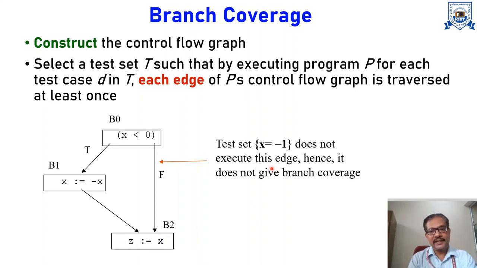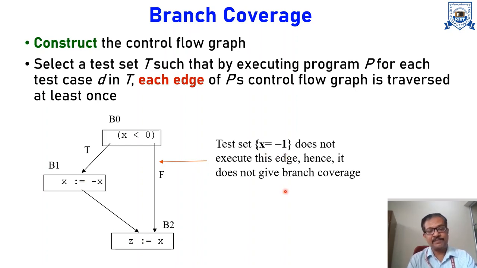So with this I am moving in this way. First the B0 node executes, it is true, I move to B1, then I move this way and execute the B2 node. So all these three statements are executed with the test case x equals -1. So I am achieving statement coverage.